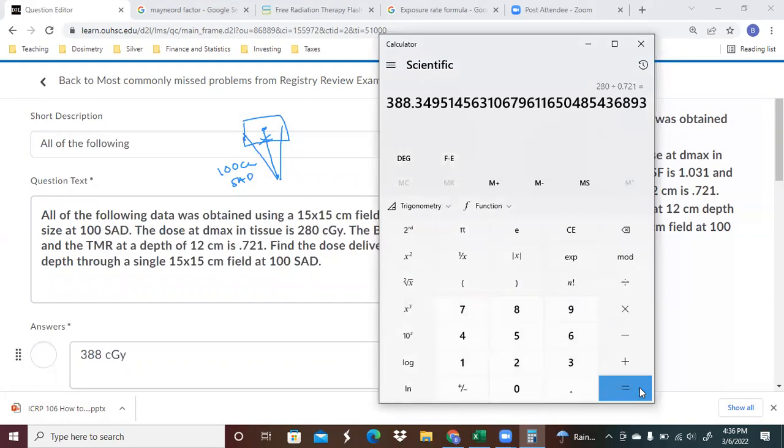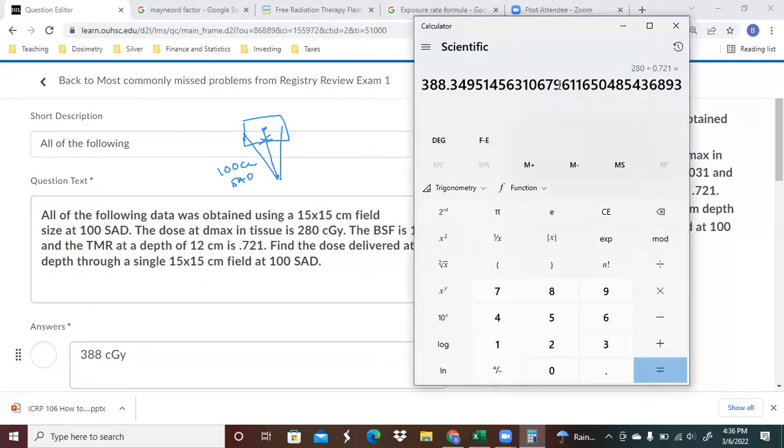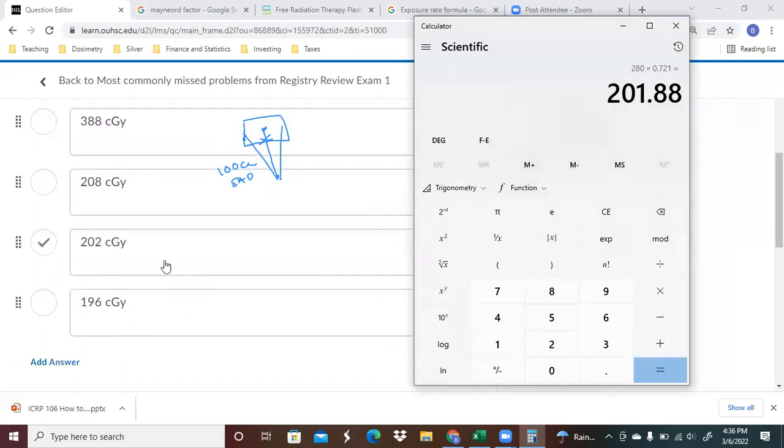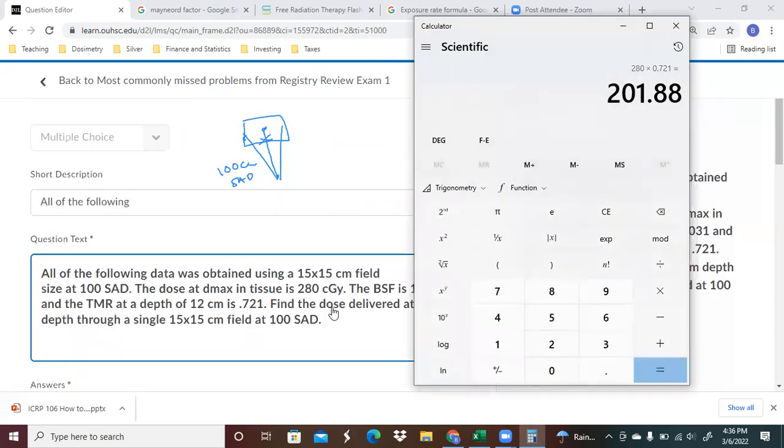What do we get? Sorry, I did that wrong. 280 and multiply it by 0.721. Come up with 201.88.